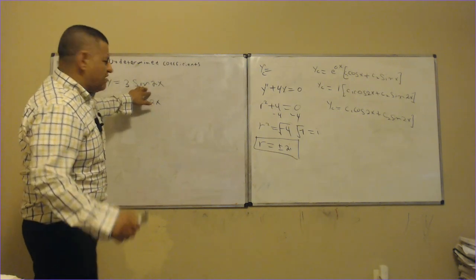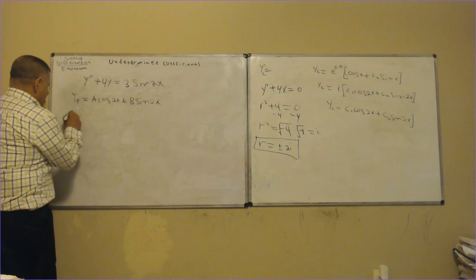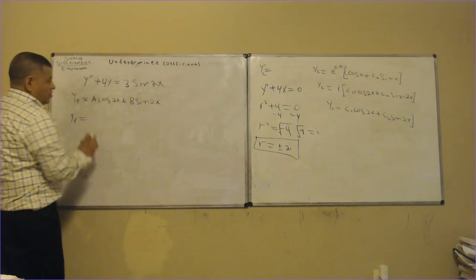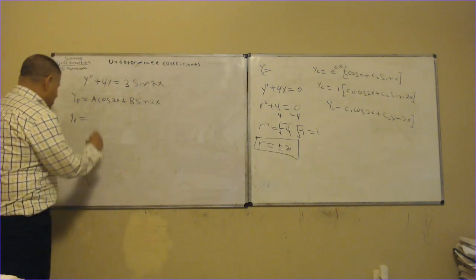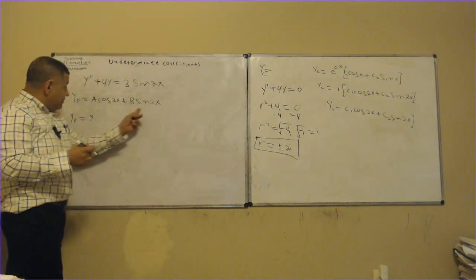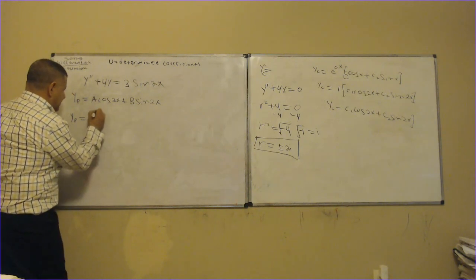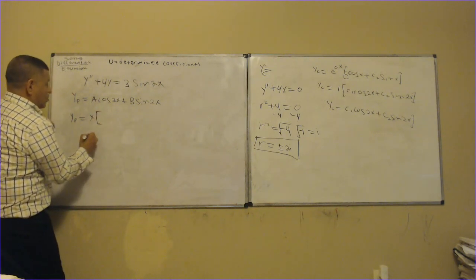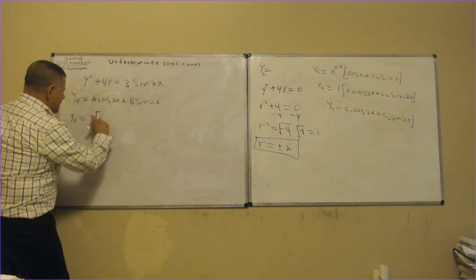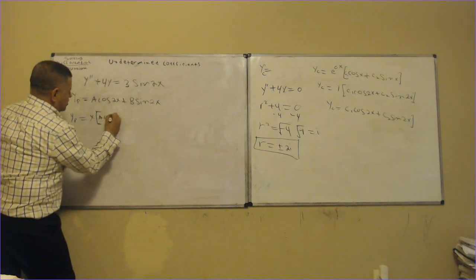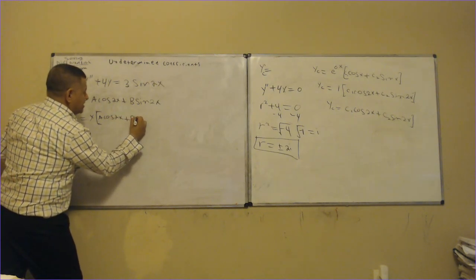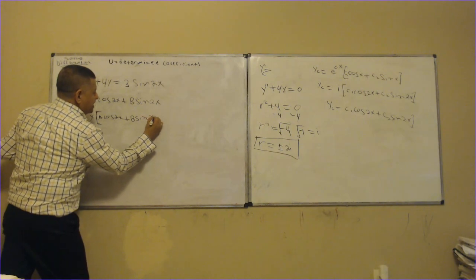To make it unequal, we say that yp is equal to, we multiply this guy by x. So yp is equal to a cosine of 2x plus b sine of 2x.